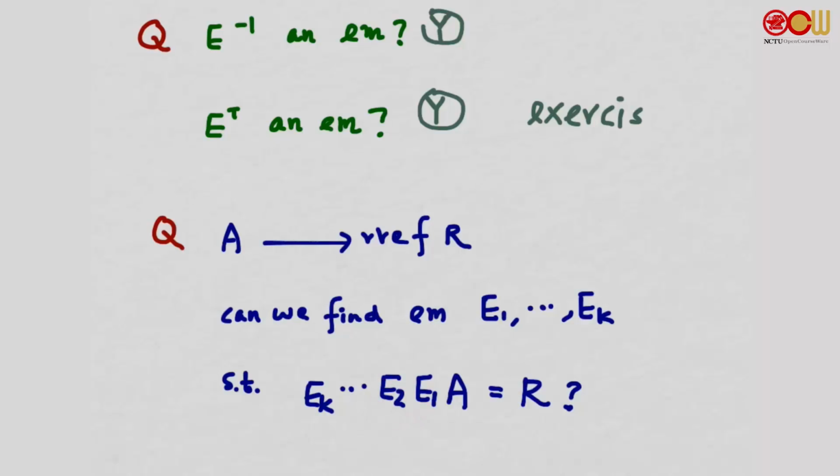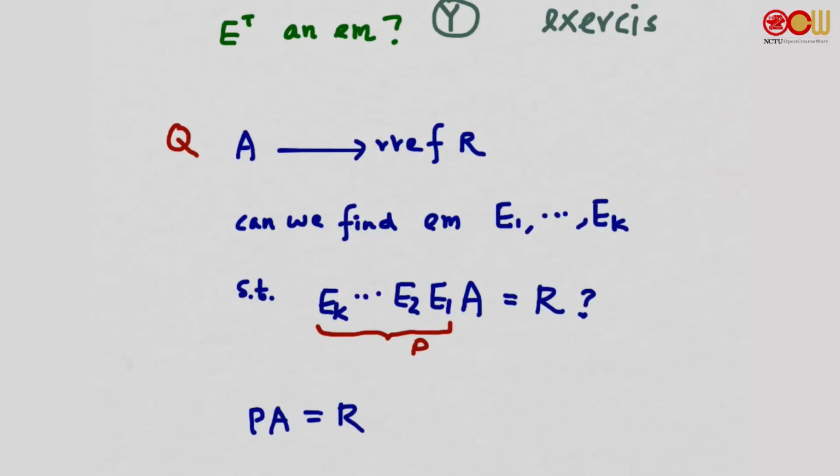So when we apply a series of elementary row operations to get R, we can simply form a matrix product to obtain R. Let's group all these elementary matrices together and call it P. Then we have PA equal to R.